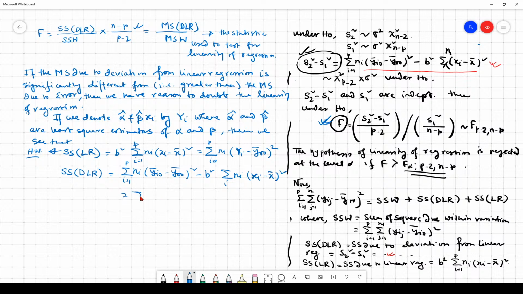This is equal to the sum over i of ni (yi naught bar minus capital Yi) whole square. So this is another homework.